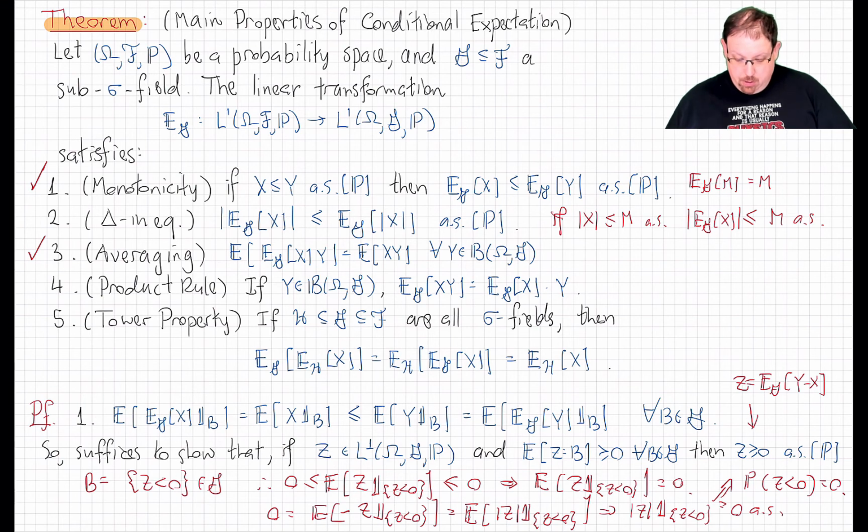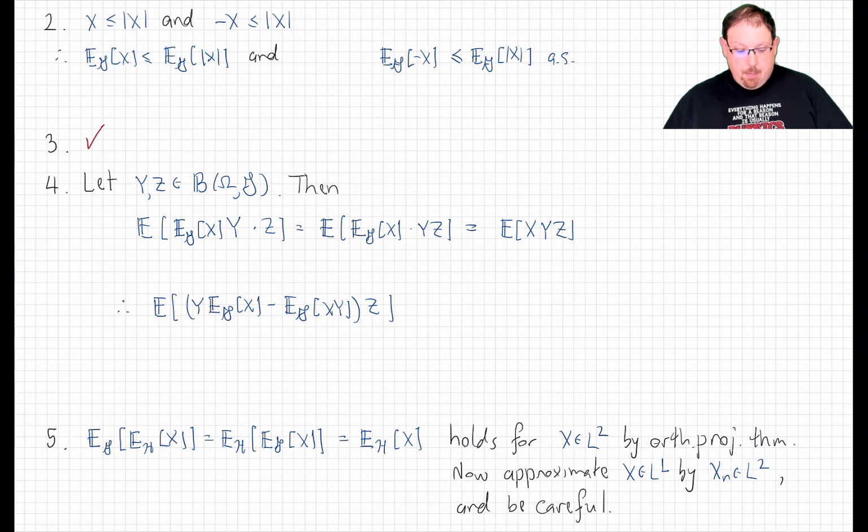Now for point 2, the conditional triangle inequality, we simply apply point 1 to x versus its absolute value.